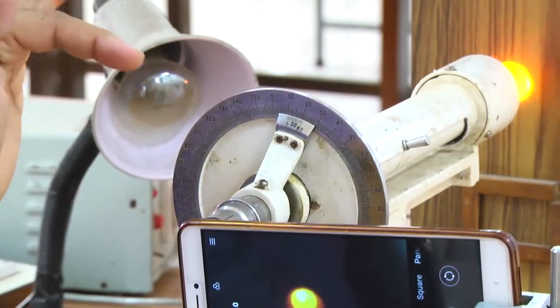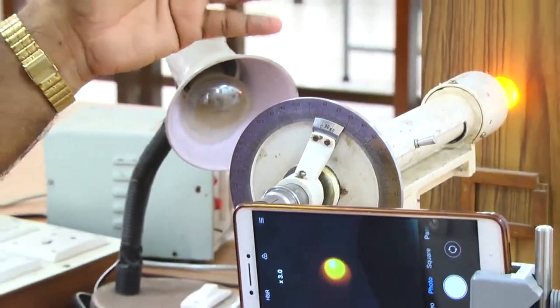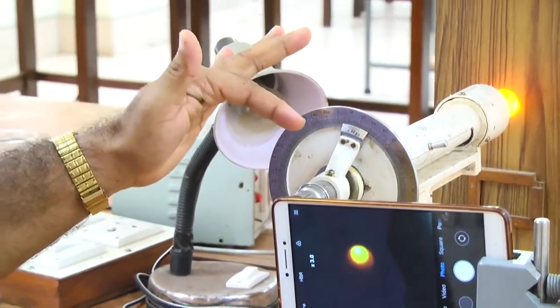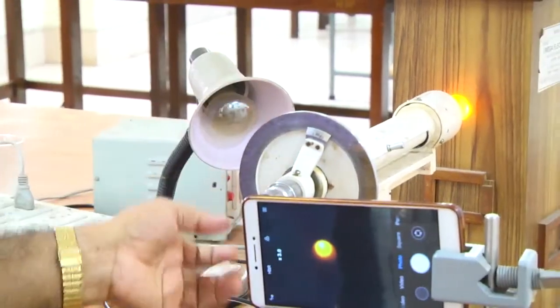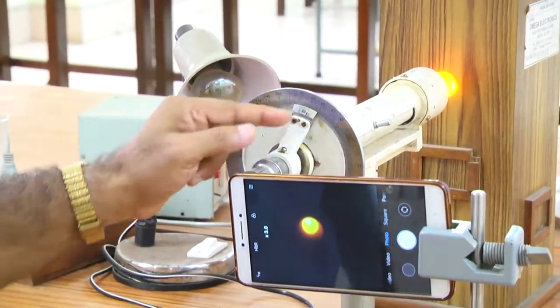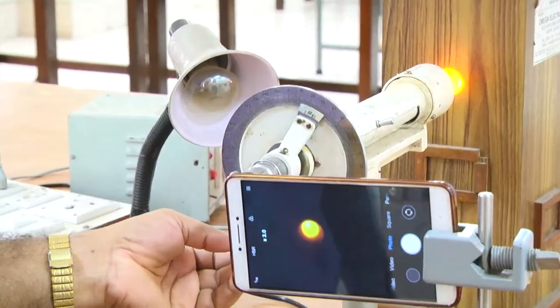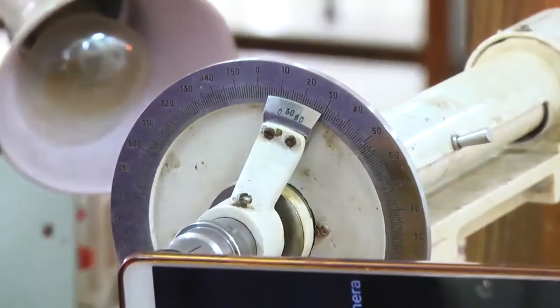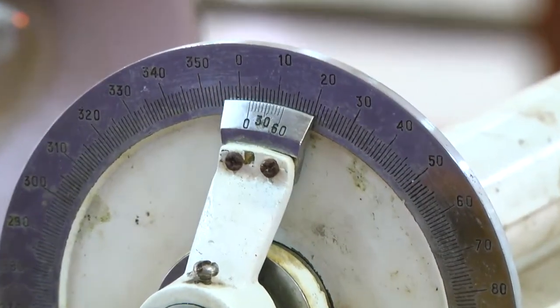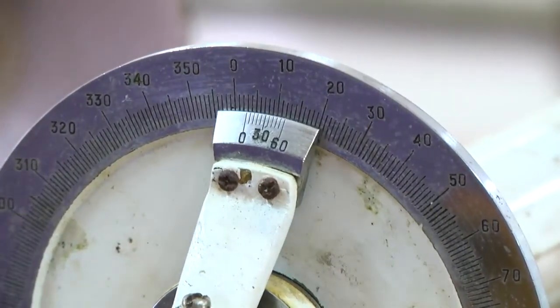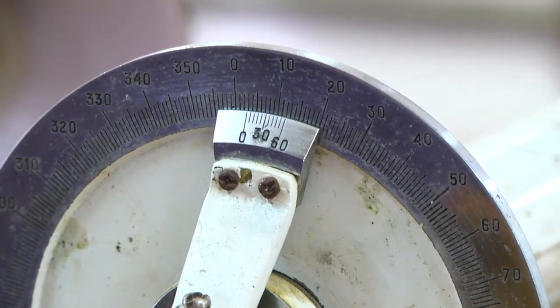This is the analyzer basically, that is attached with this scale and vernier. If I am rotating this vernier, you see, that means I am rotating the analyzer.